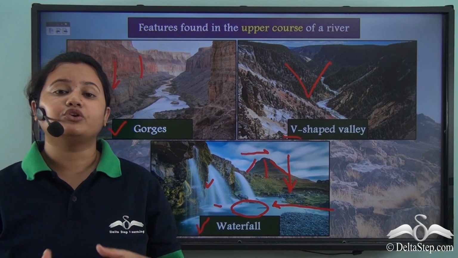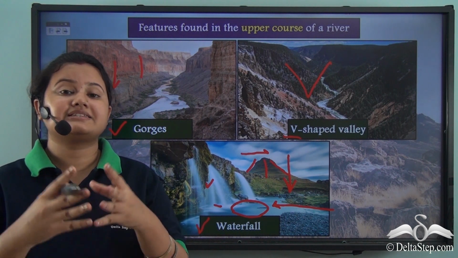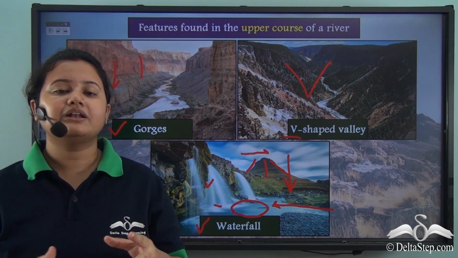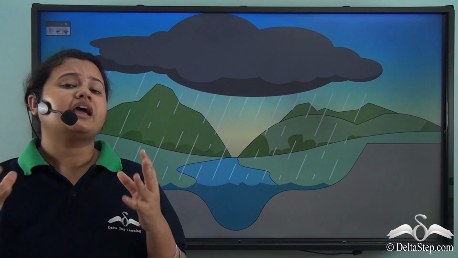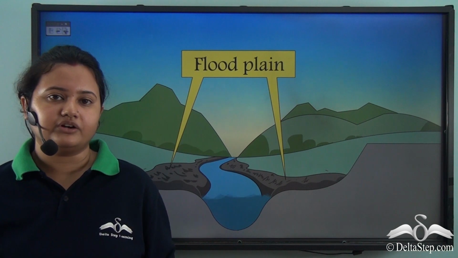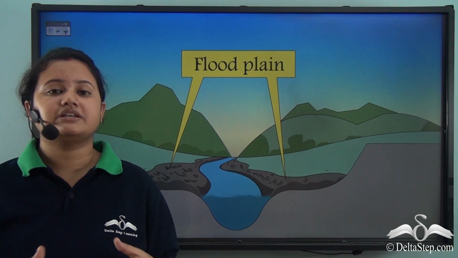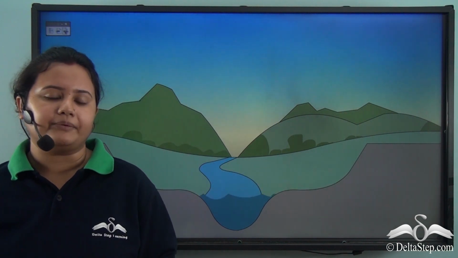Now let's say goodbye to mountains and let's sail down into the middle course of a river. So now we are in the middle course of a river. We know in the middle course of a river, the size and the load carrying capacity of a river rises. And then due to rainfall, the volume increases further, so a river overflows its bank, causing a flood.